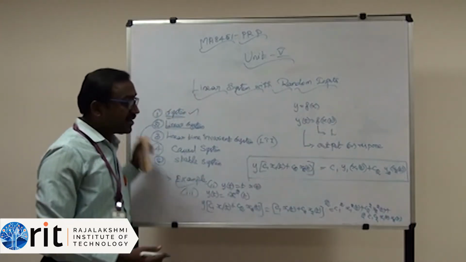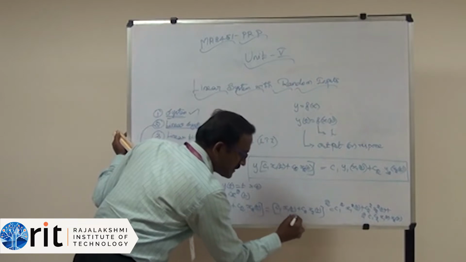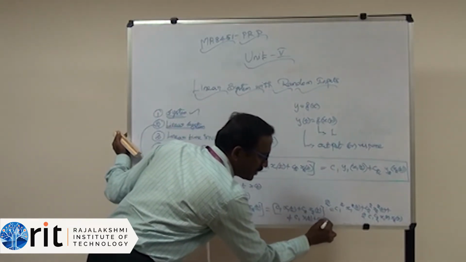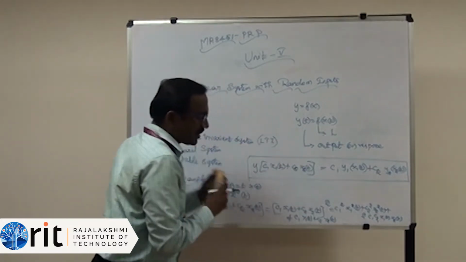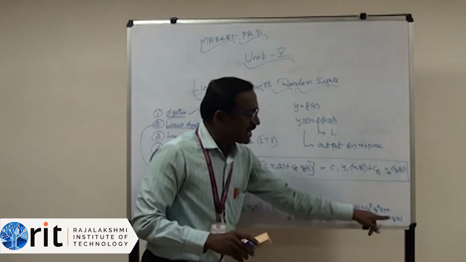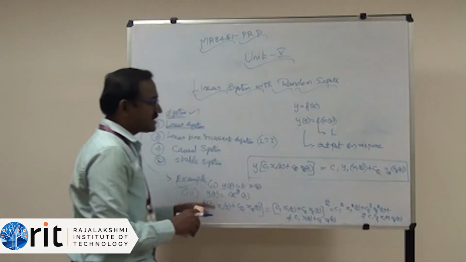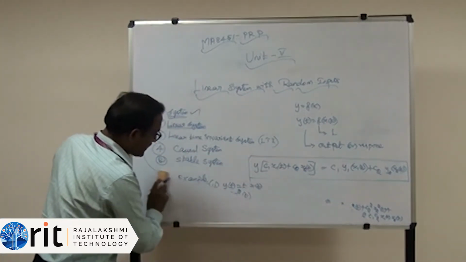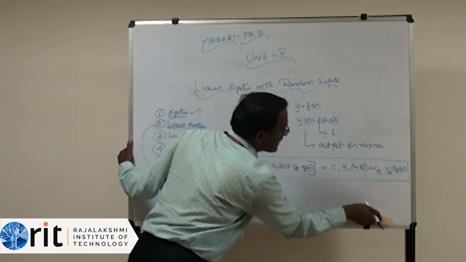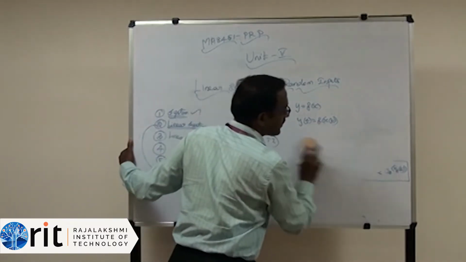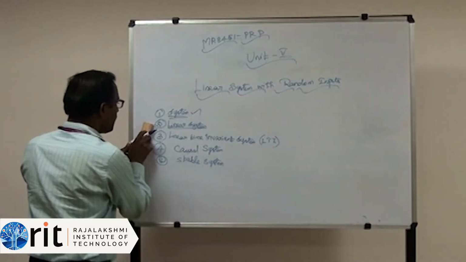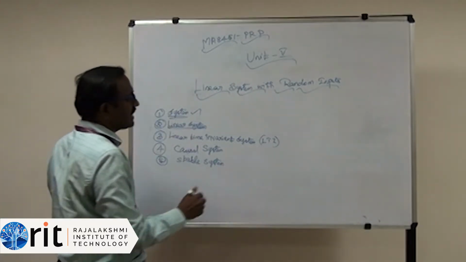Clearly this cannot be written as c1 y1 of t plus c2 y2 of t, because here we have c1 square and 2 times that value. This is not possible here, so the system is not linear. Sometimes they ask what a linear system is, and to give an example whether it is linear or non-linear.